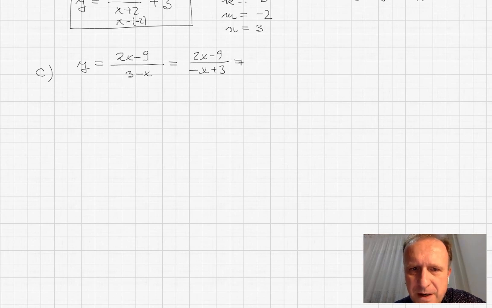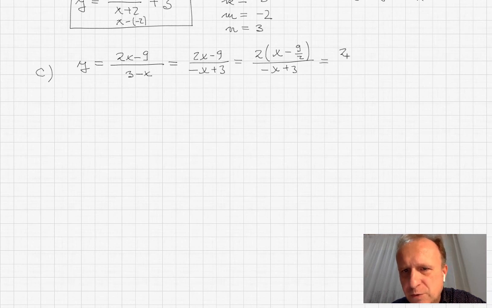Now I will do the same trick as before. Number 2 should be taken out in the numerator. So it's 2 times x minus 9 halves divided by minus x plus 3. Okay, now perhaps it would be a good idea to take out negative 1 in the denominator also.